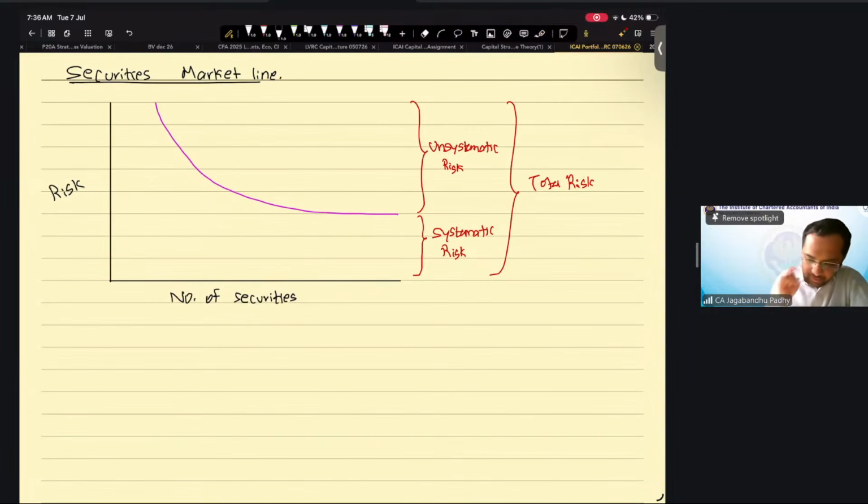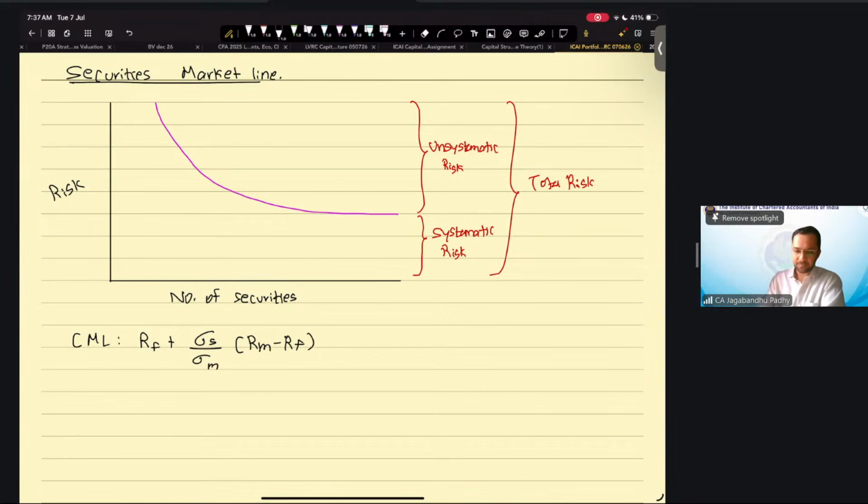And that itself says that your capital market line was risk-free plus standard deviation of security upon standard deviation of market into Rm minus Rf.